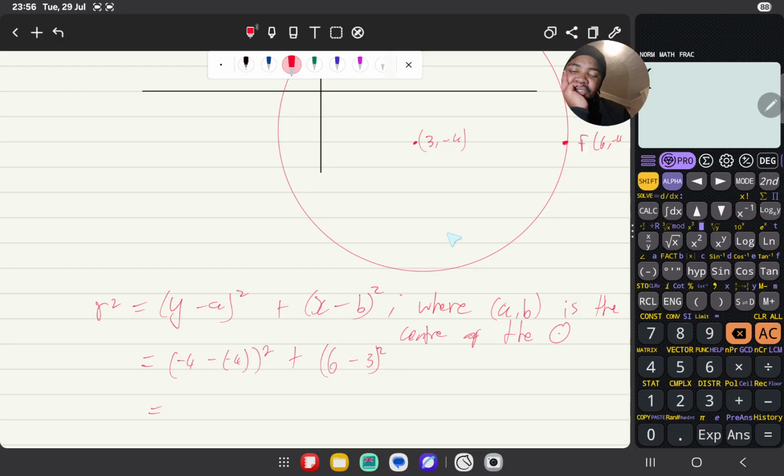I mean, yes, it makes sense. So I'm going to have 0 here, so I'm just going to say 6 minus 3, right? It's 9, and then you square it. That is 9, so we have 9 there.